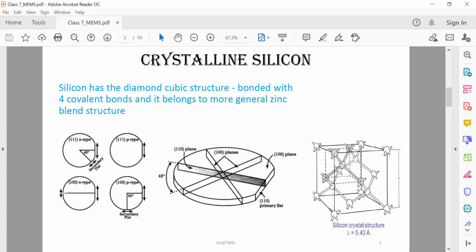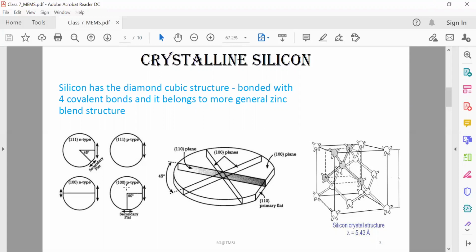So there are two flats, but they are in 180-degree direction, opposite to each other, and it is called 100 N type silicon wafer. Similarly, if there is a primary flat and secondary flat at 90-degree orientation, then it is known as 100 P type silicon wafer.